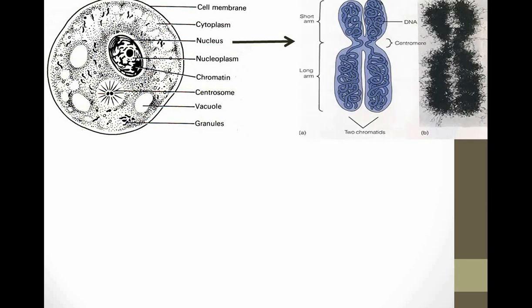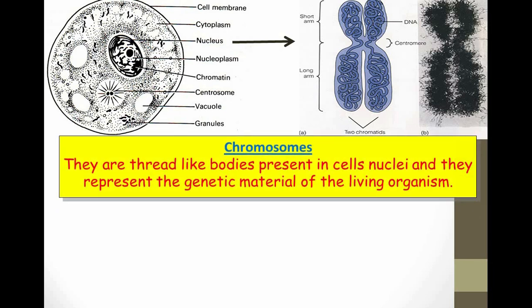These cells consist of organelles. The most important organelle in the cell is the nucleus. The nucleus contains thread-like bodies called chromosomes. Chromosomes are thread-like bodies present in cell nuclei, and they represent the genetic material of living organisms.